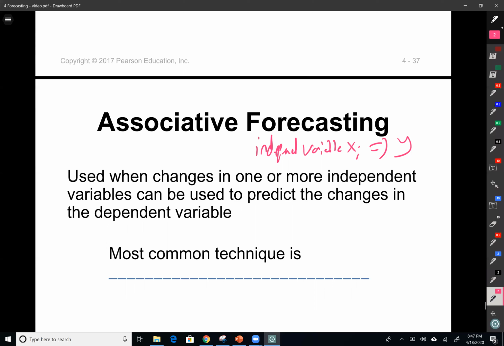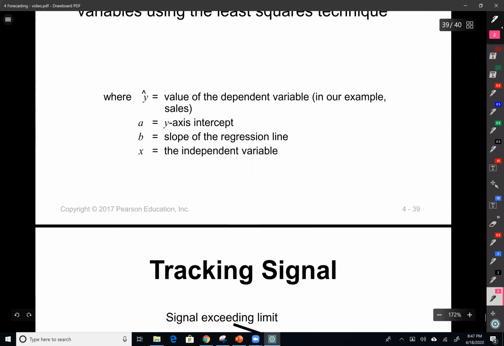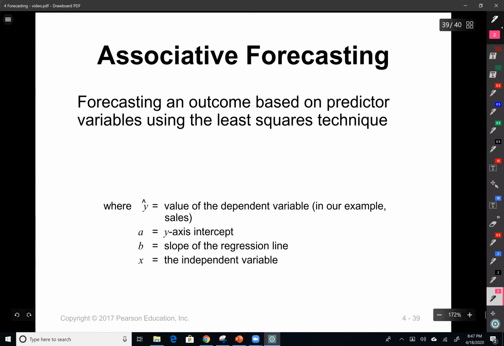Okay. So the most common technique here is linear regression analysis. All right, so linear regression analysis is no surprise. It's your trend line. Basically, we talked about this already.